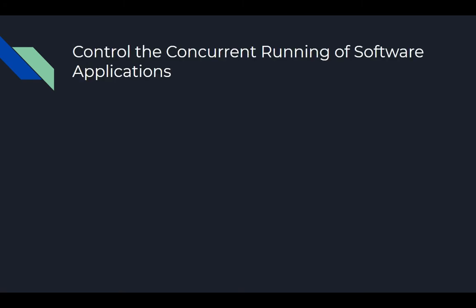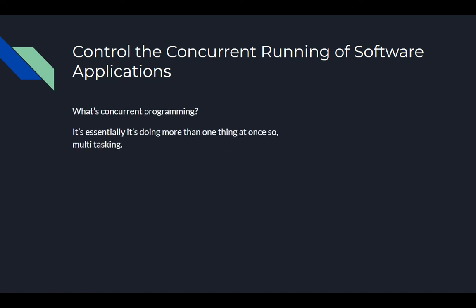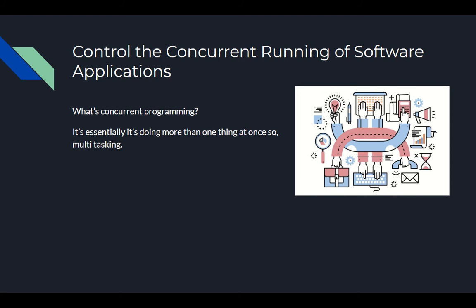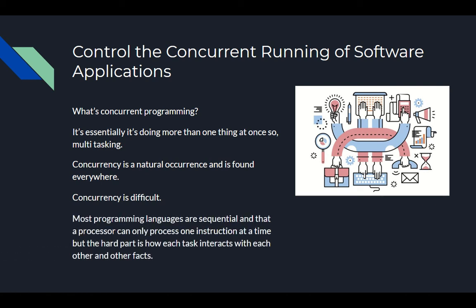Control the concurrent running of software applications. So what's concurrent programming? It's essentially multitasking. Concurrency can be found everywhere in the world as it is constantly happening. Though concurrency in software is a bit hard to achieve, as most programming languages are sequential, only able to process one task at a time.